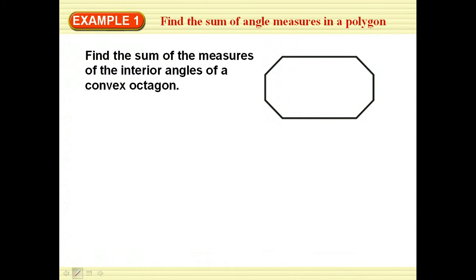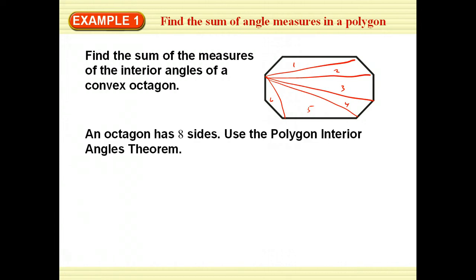Notice what I would do is find one vertex and I would draw all of the diagonals from that one vertex. And notice in that octagon I can draw 1, 2, 3, 4, 5 diagonals, which gives me 1, 2, 3, 4, 5, 6 triangles.